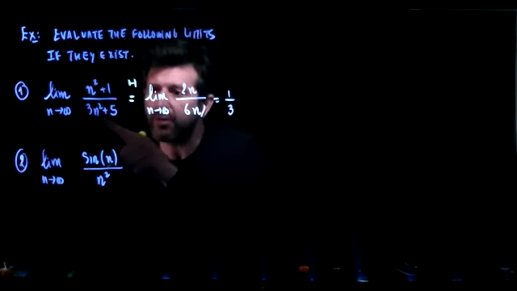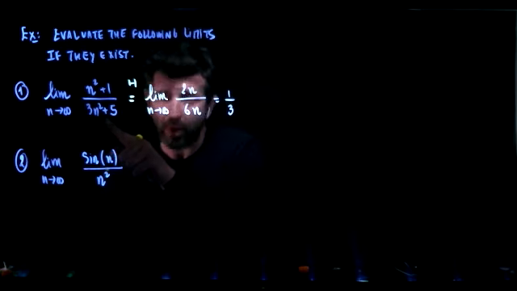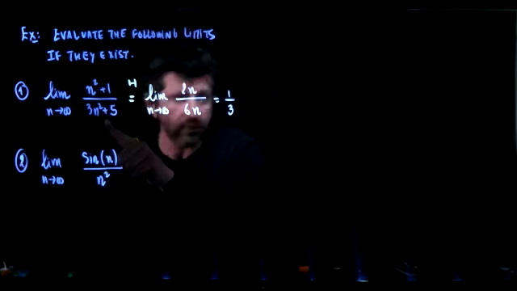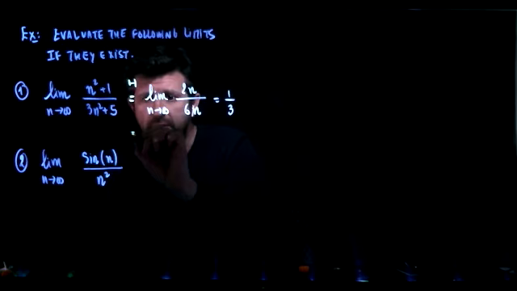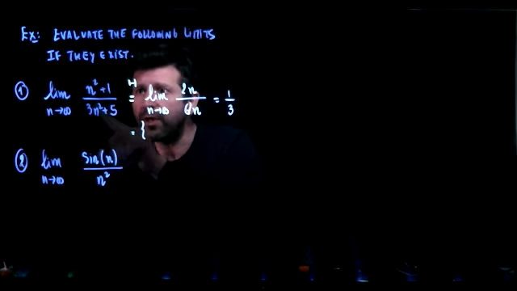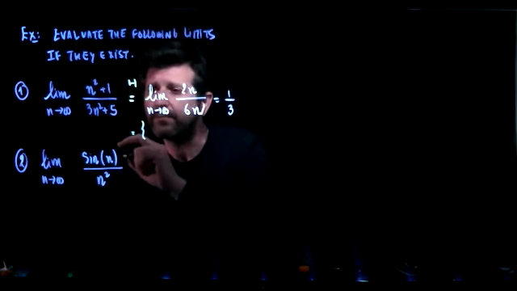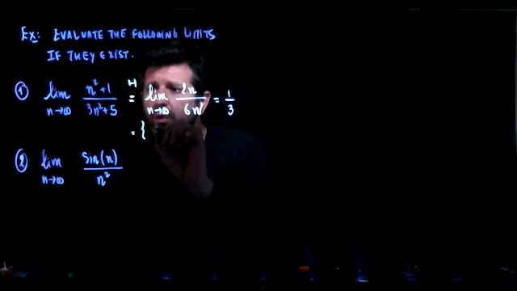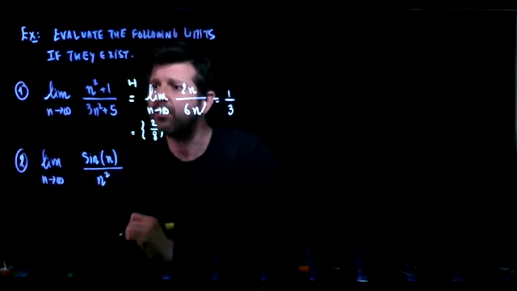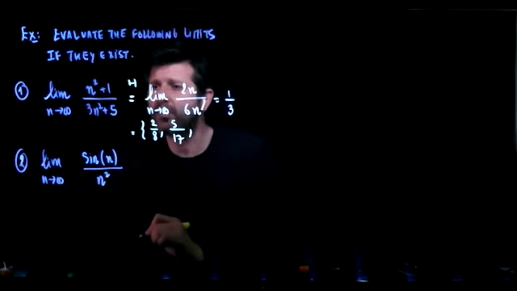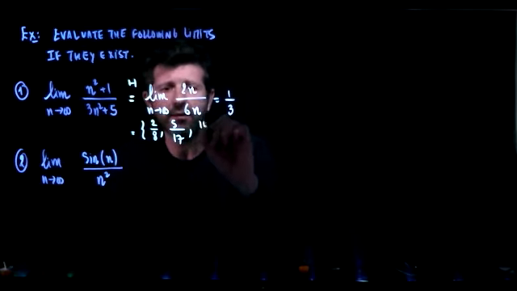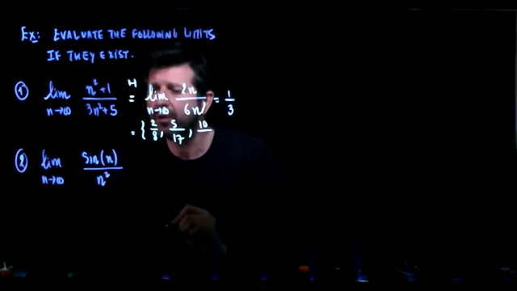Okay, so in other words, if you start writing all the terms of this sequence, let's write a few of these terms. If you plug in 1, it's 2 over 8. Second term, when it's 2, you get 5 over 17. Then when it's 3, you get 10 over 32.